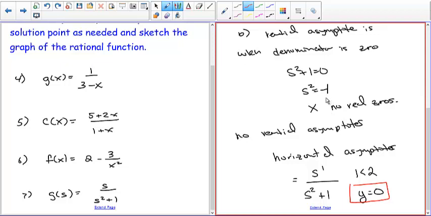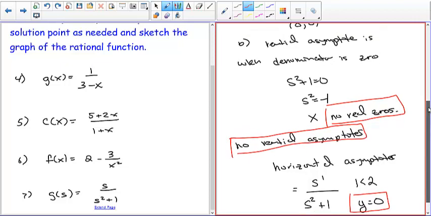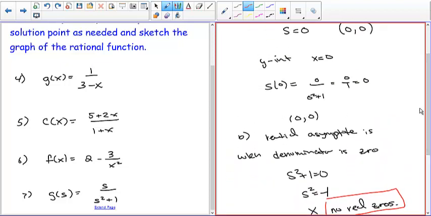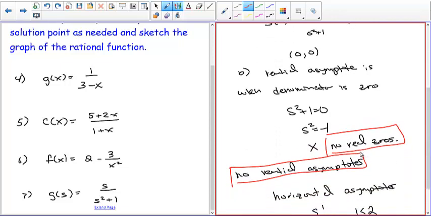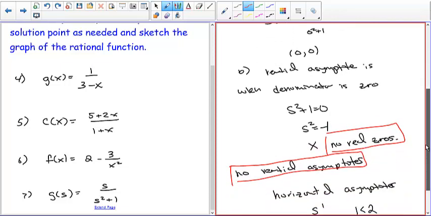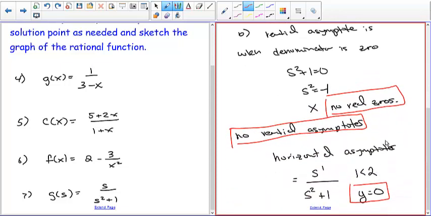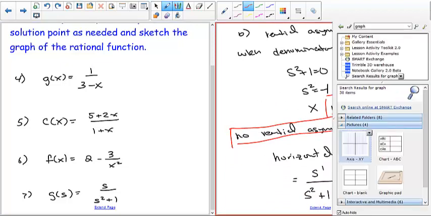In this case, there are no vertical asymptotes. Well, actually, that's what I said right there. No vertical asymptotes. So we've got an x and y intercept, which is the origin, and we have no vertical asymptotes, and we have a horizontal asymptote of 0. So this is definitely not going to give us enough without plotting some extra points.